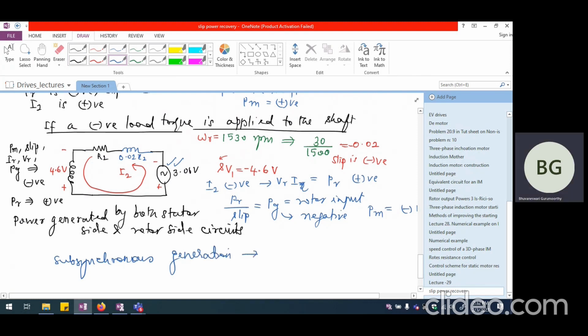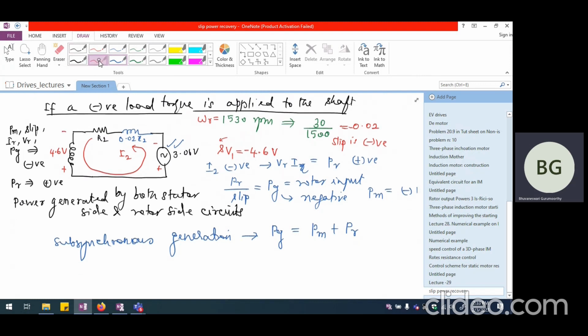we will have PG, what is generated, equal to whatever is the mechanical input that is given from the wind turbine plus what is drawn from the rotor side supply. Both of them put together are going to generate the power from the stator side.